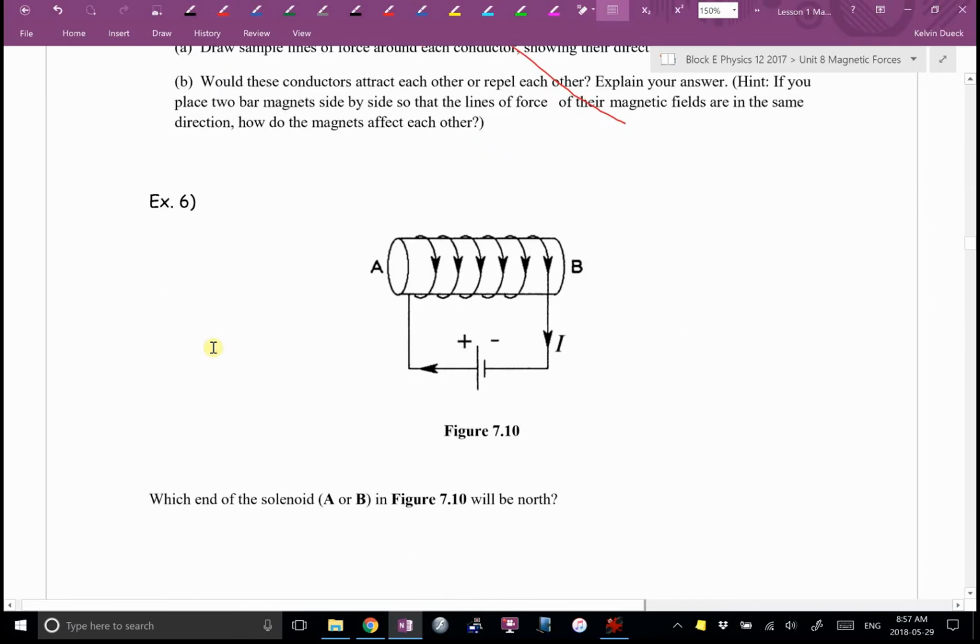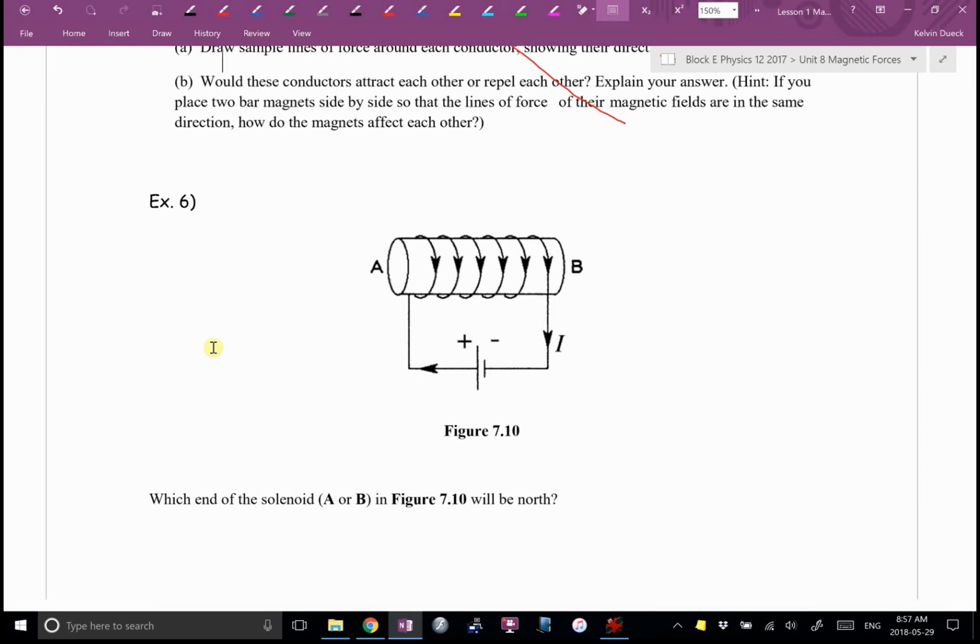Which end of that will be north? What's north, A or B?